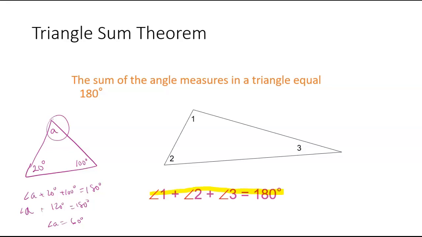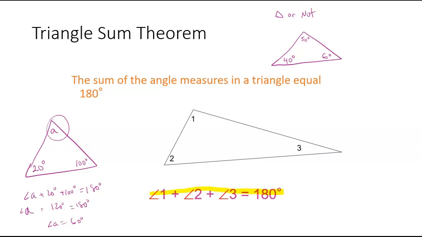Now, the other thing that we can look at with this is I can ask you, is it a triangle or not? So based on this information, if I say that this is 40 degrees, and this is 50 degrees, and this is 60 degrees, is this a triangle or not?